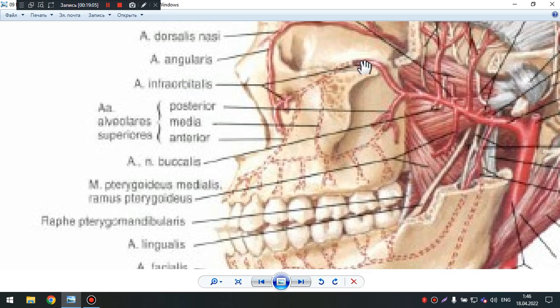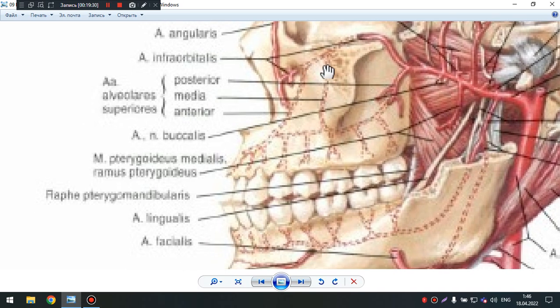This artery blood supplies the inferior rectus and inferior oblique muscles of the eyeball.